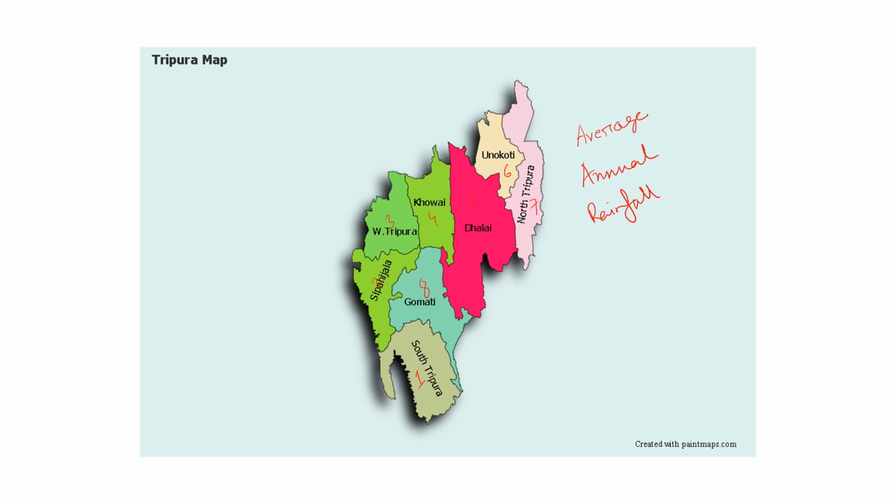Right? Sorry, there are 8 districts in Tripura, and we have to show the average annual rainfall for these 8 districts on the map of Tripura.